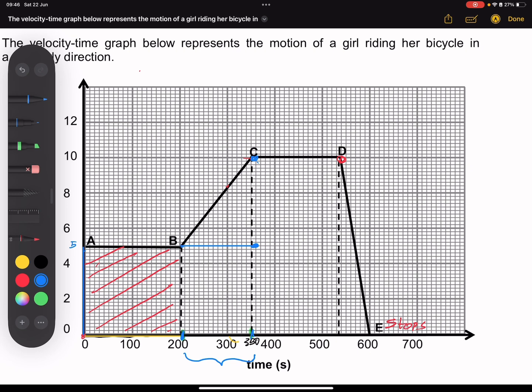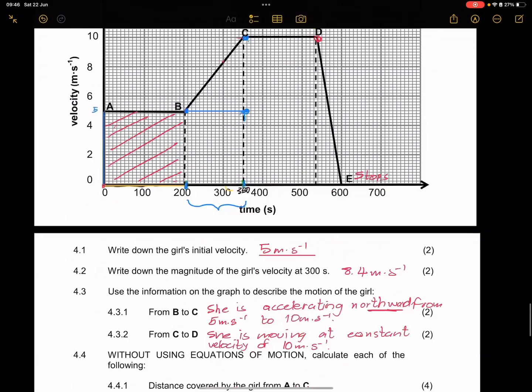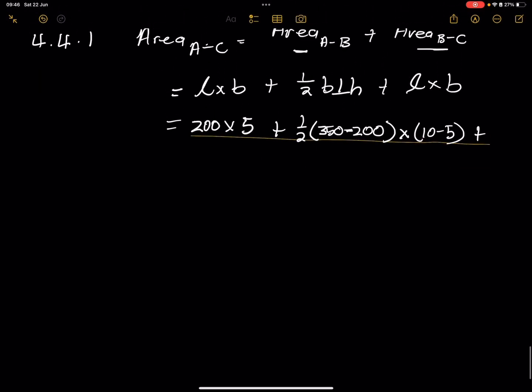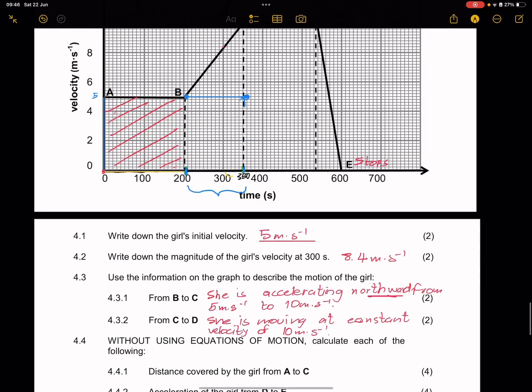The base would be again 200 to 350, which is 150, or you can say 350 minus 200, so that you know where we took that from, multiplied by the height.